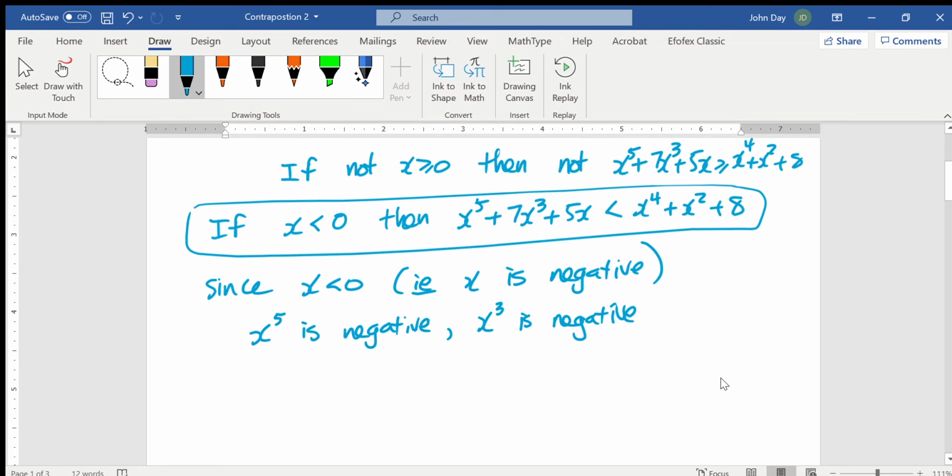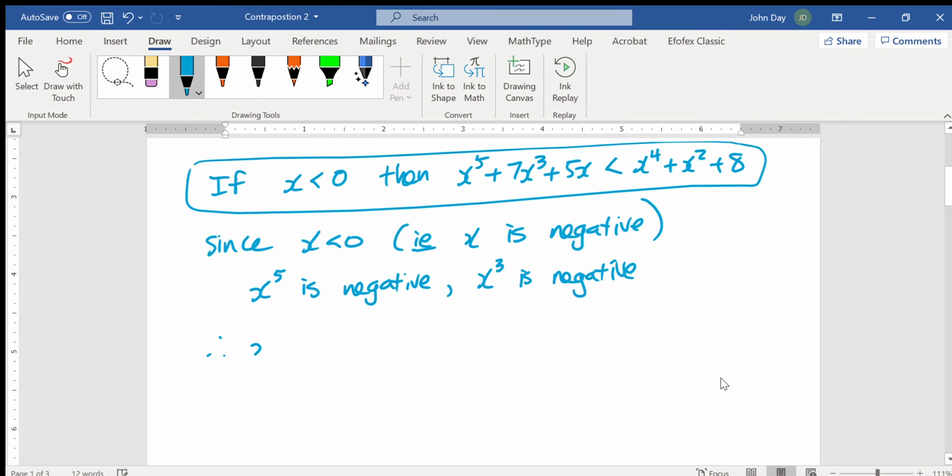So therefore x^5 + 7x^3 + 5x is negative. Okay, that makes sense. If x is negative, then anything powered up to an odd power is negative.